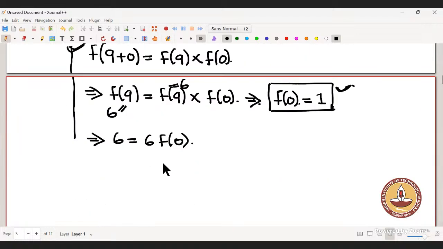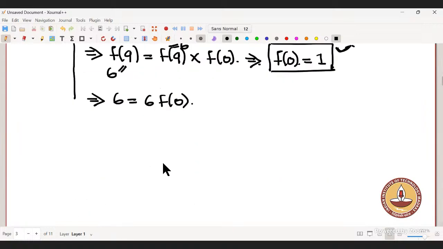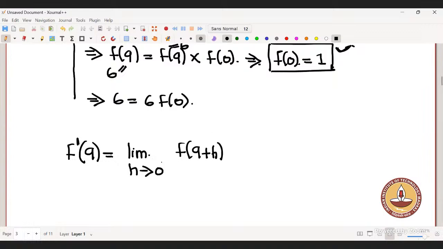So let me first write what is f dash of 9. f dash of 9 is the limit as h tends to 0 of f of 9 plus h minus f of 9, divided by h, right?